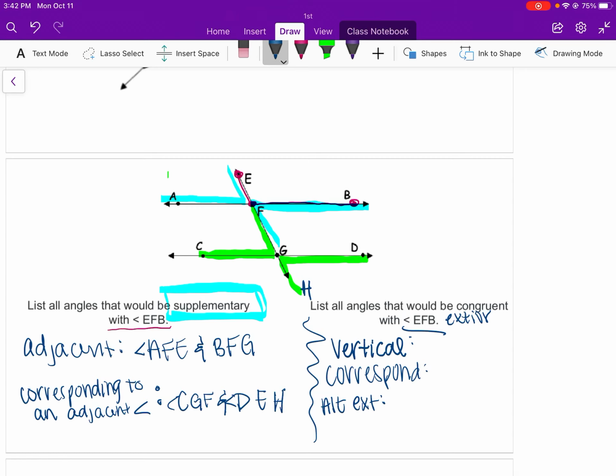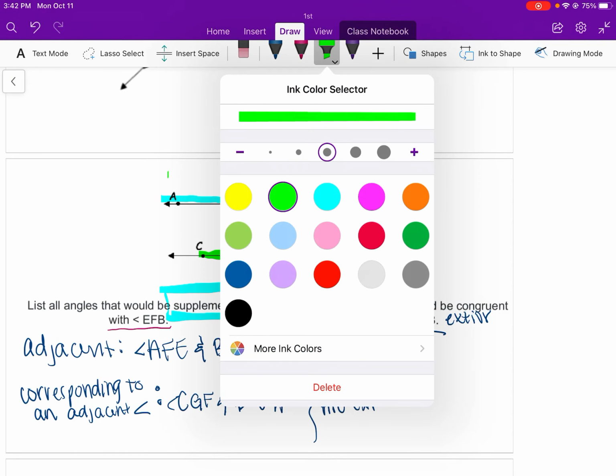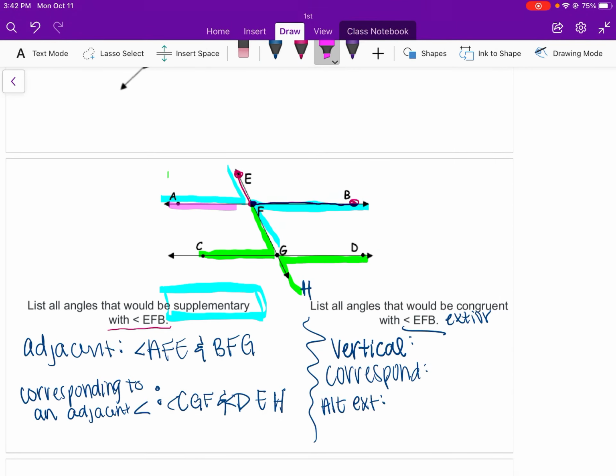So its vertical angle is AFG. Its corresponding angle, remember we're looking at EFB, is FGD.